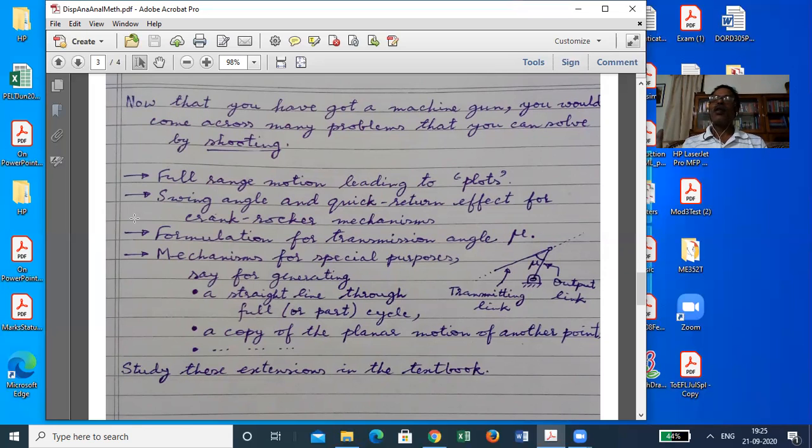That means for the forward swing of the rocker, it would take more time if the crank is rotating at a uniform speed, going from one extreme to the other, and for return it would take less time.